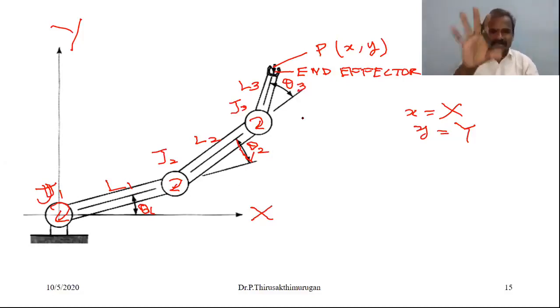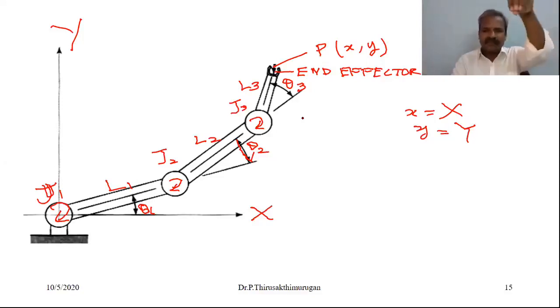This is a static position, not dynamic. We will analyze the dynamic equations in a forthcoming lecture. This is a static position which has one fixed point whose world coordinates are x and y. L1, L2, L3 are links, θ1, θ2, θ3 are joint angles, and J1, J2, J3 are joints.